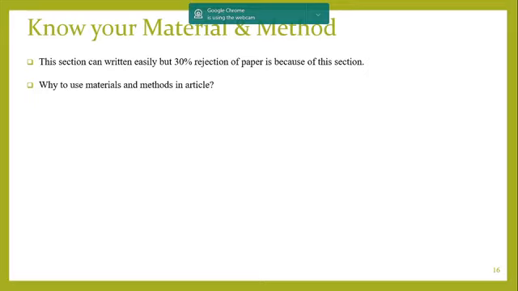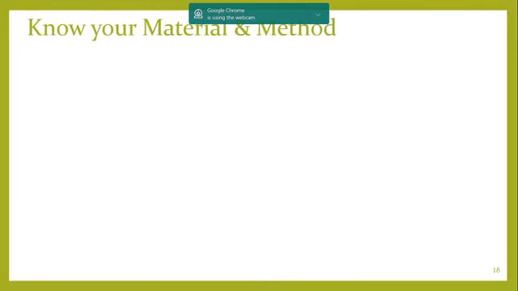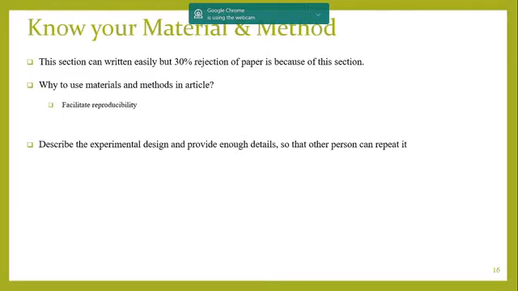Why do we have to use a materials and method section in an article? The main purpose of the materials and method section is just to facilitate reproducibility, not more than that. Because your experimental design and enough details should help other persons to repeat it.